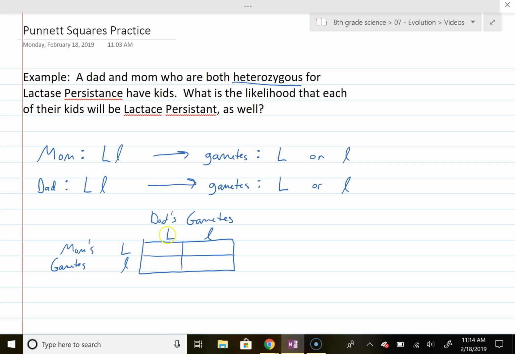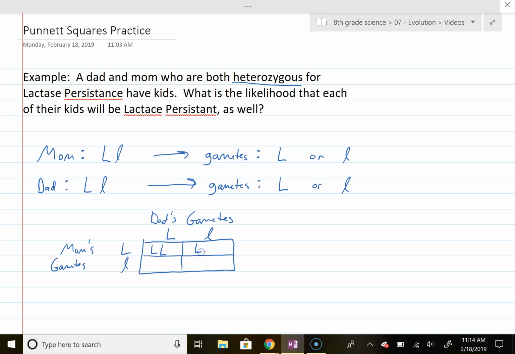And then to fill in the table, all we need to do here is look at, for this square, what's up above here, and what's to the left. So for this square we have a big L up top and a big L to the side. And so we'll have big L, big L. For this one we've got a little l up top, a big L to the side. The convention is just always write the capital letter first, so it doesn't matter which side we have the capital and which side we have the lowercase on.